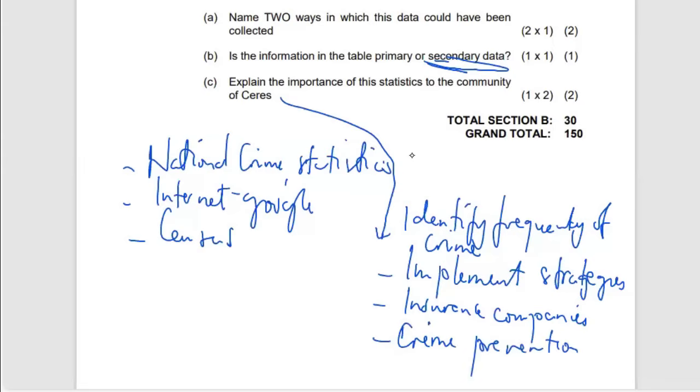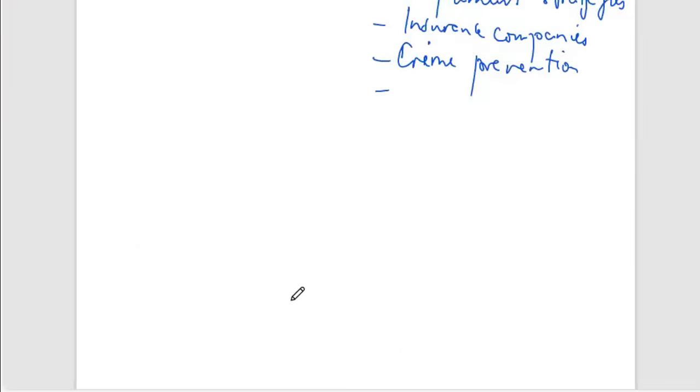The more we get to know the nature of crime, the more we are able to come out with preventive measures. So basically, that's the idea. We are relating to how the crime statistics can assist the community of that given mapped area.